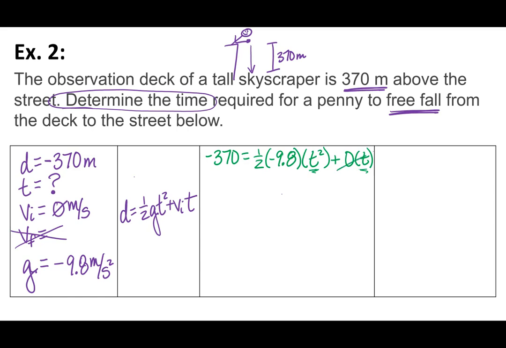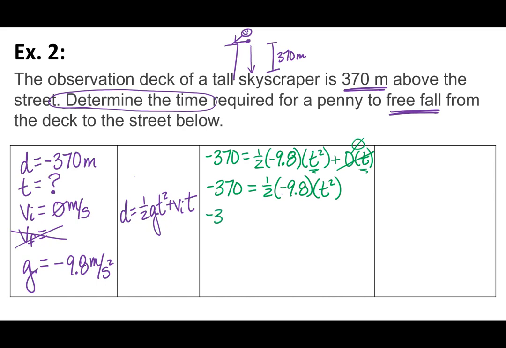It's 0. So that goes away. So we're left with negative 370 equals 1/2 of negative 9.8 times t squared. Well, that makes this a little bit better, doesn't it?